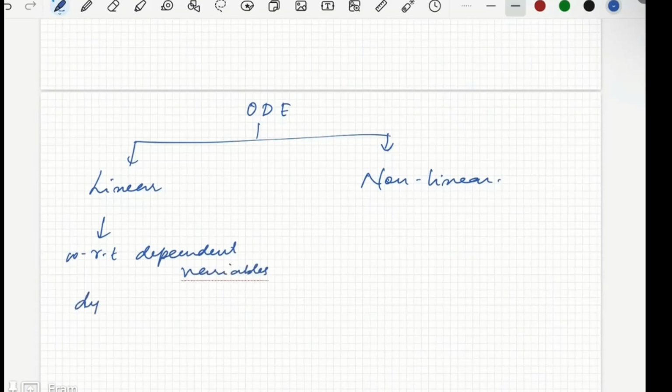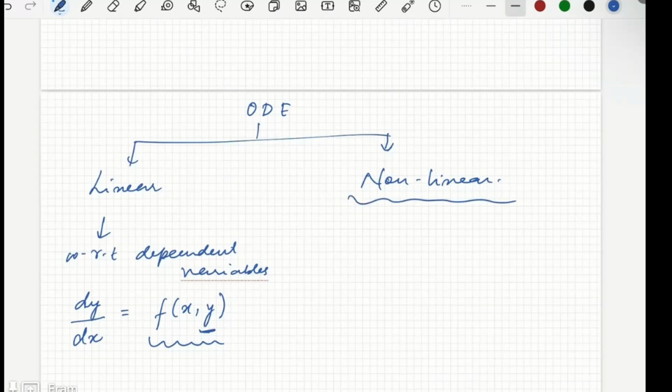So suppose we have a differential equation of the form f of x comma y, then this f should be linear with respect to y, because here y is the dependent variable. And if it is not linear, then the system will be non-linear.